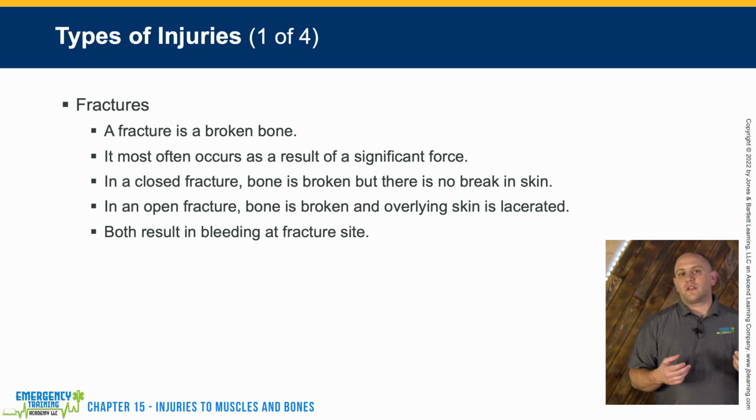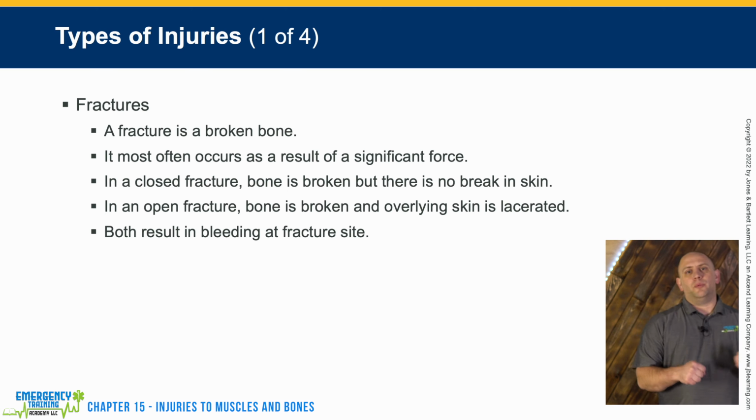These are caused by significant force. Our bones are pretty strong, so the force needed to actually fracture a bone is going to cause injuries not only to the bone, but you're probably going to see injury to the soft tissue and the muscles surrounding that as well.